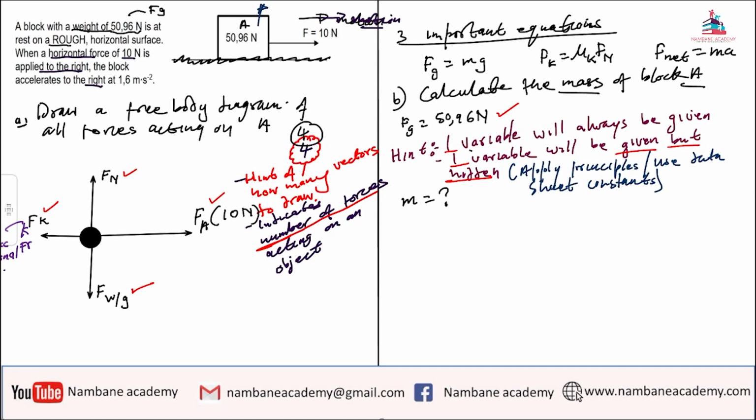That they are balanced. They are balanced and they are equal to each other. Very, very important. Because if they are not equal to each other, what will it mean, ladies and gentlemen? It means this object will move upwards or it will move down. So remember that Fn and Fw are always equal on a horizontal surface.